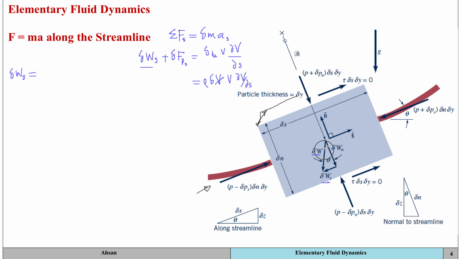Because we've got theta over here, this component, first of all, is in the negative streamline direction, so we're going to have the negative sign here, along with the weight force, which is given by delta W, along with, because now we're looking at this vertical component of this triangle, sine of theta.